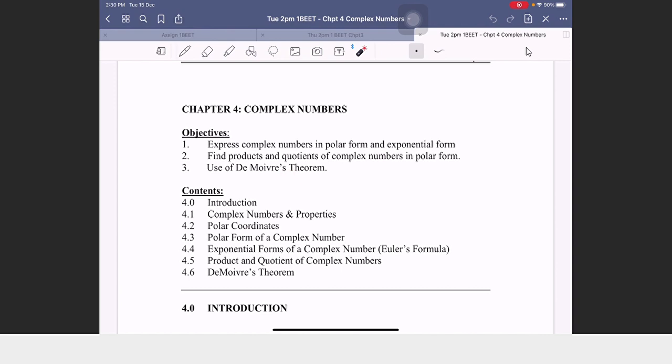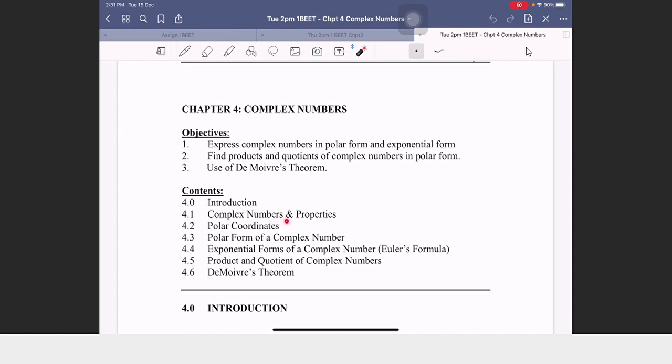There are about 6 sections, or 6 subtopics, for this chapter. So this chapter is quite big, in the sense that there are so many things happening in it.